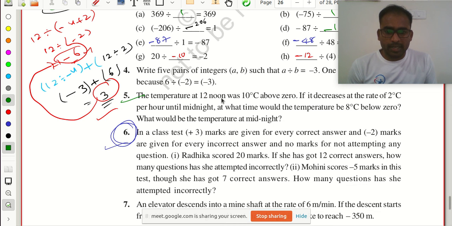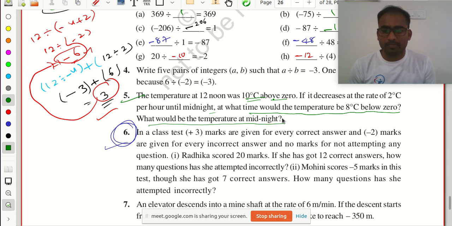The temperature at 12 noon was 10 degrees centigrade above 0, and it decreases at a rate of 2 degrees centigrade per hour until midnight. At what time would the temperature be 8 degrees centigrade below 0? And what would be the temperature at midnight?